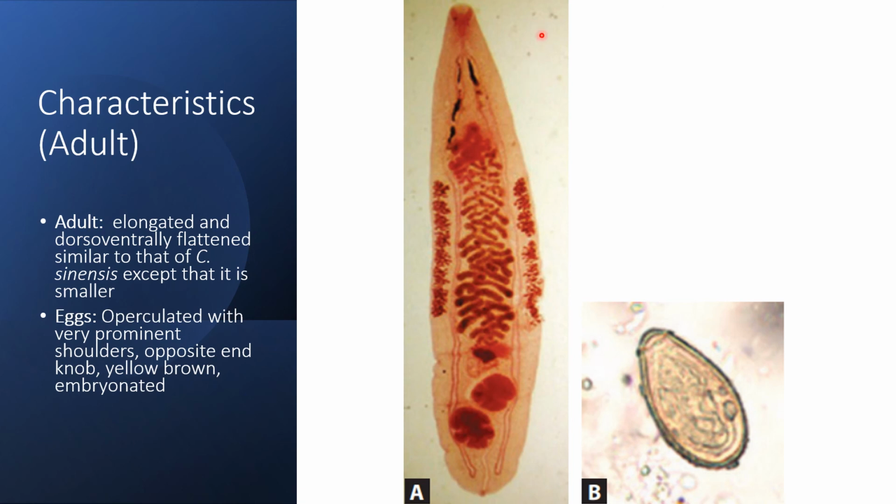The eggs of Opisthorchis are operculated with very prominent shoulders, similar to Clonorchis. It also has an opercular knob and is embryonated. It can only be differentiated because its operculum is more deeply seated compared to Clonorchis sinensis.